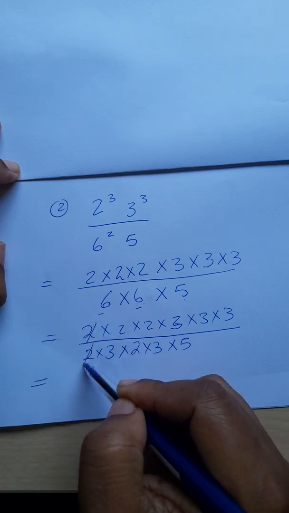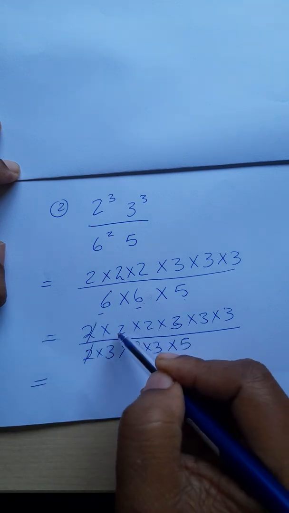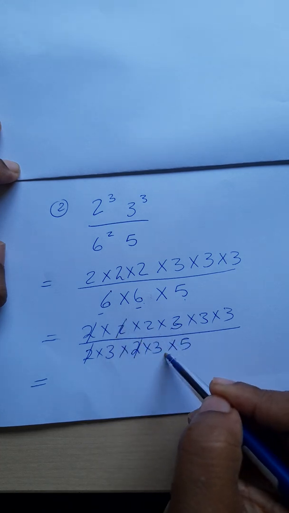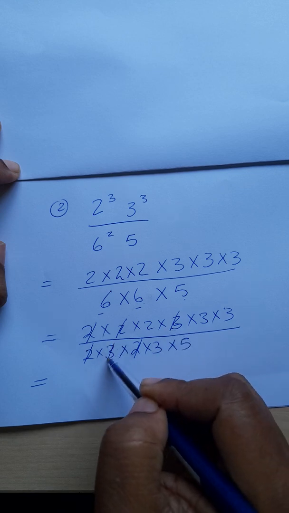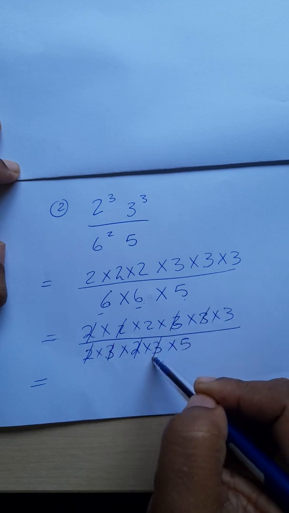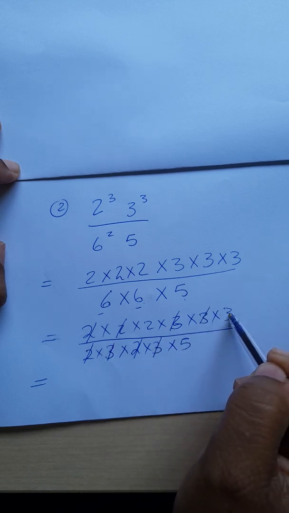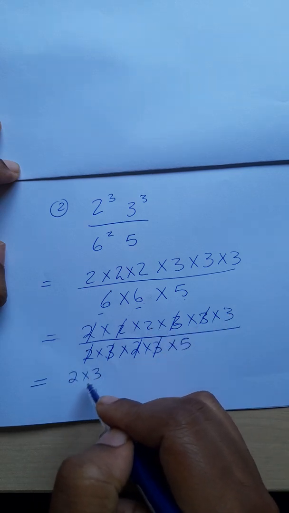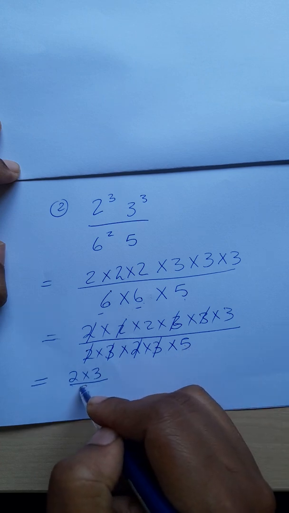2 divides 2, and 2 divides 2, and I don't have another 2. Then 3 divides 3, this 3 divides 3, and I don't have another 3. So at the top, I'm left with 2 times 3. At the bottom, I'm left with 5.